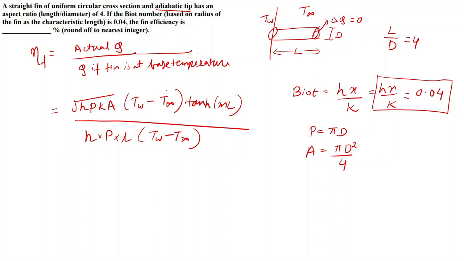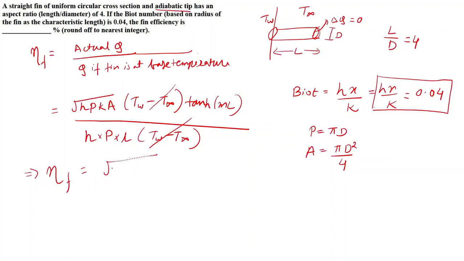From here you can just cancel these terms. Fin efficiency will be given as under root of hPkA upon hPL, times tanh(mL).